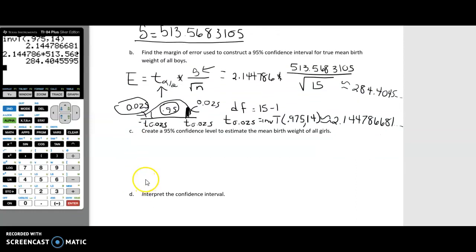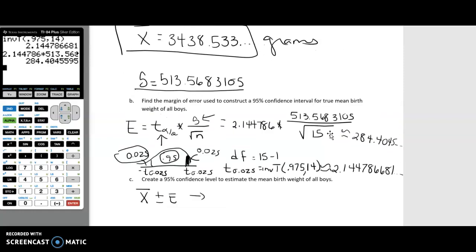Next part: create a 95% confidence interval to estimate the true mean birth weight of all boys, is what that should say, not girls. You need x-bar plus or minus your margin of error.